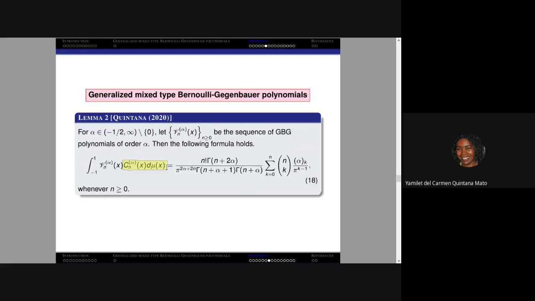Well, for our sequence of GBG polynomials of order alpha, when alpha is different from 0, the relation between the inner product associated to the Gegenbauer polynomial and this polynomial is given by this formula.